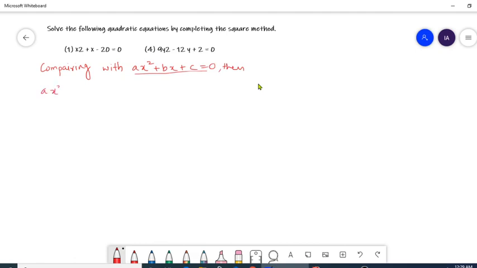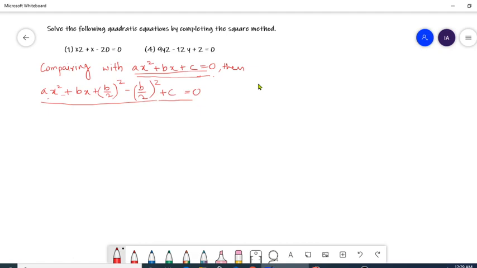ax square plus bx plus (b by 2) whole square minus (b by 2) whole square plus c equals to 0. If you observe this standard form and this new form in which we are writing, both are one and the same.